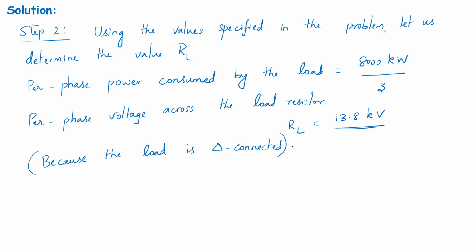Because the load is delta connected, the line to line voltage will be the same as the phase voltage, and consequently the per phase voltage across the load resistor is 13.8 kV.